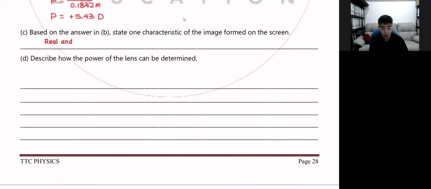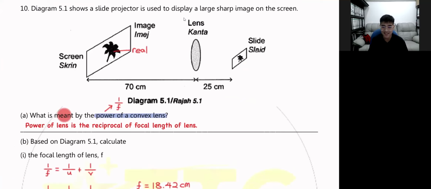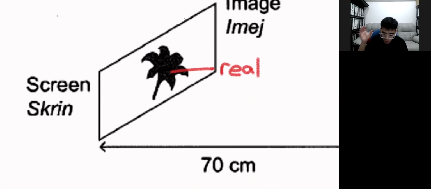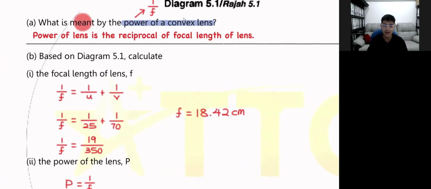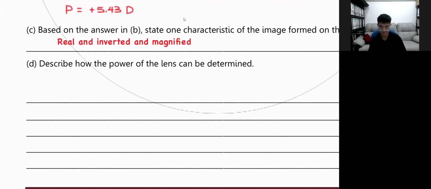And remember I told you, real always comes together with an inverted image. The image is also bigger than the object. The slide is this small, but after the light of the slide passes through the lens, the image formed on the screen is bigger. So bigger, we write magnified.